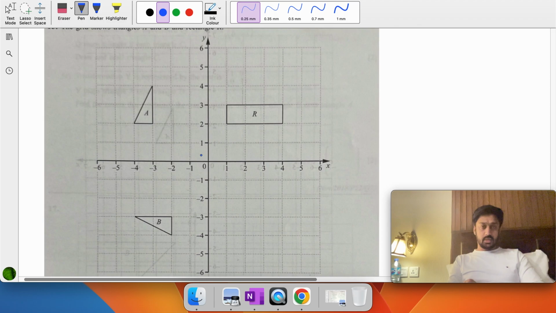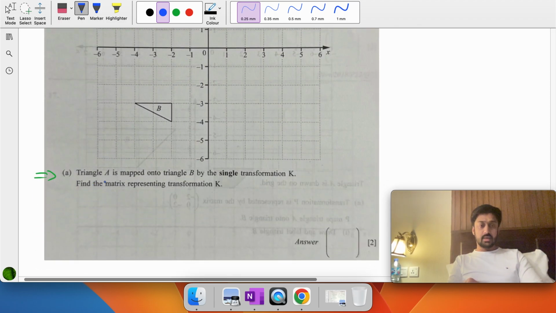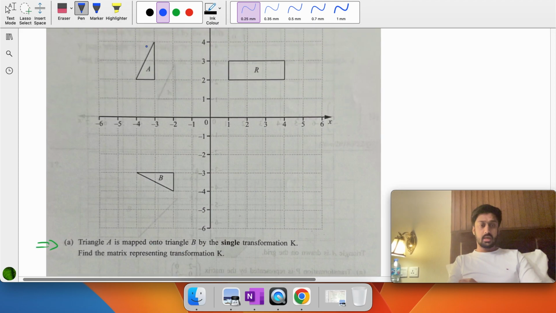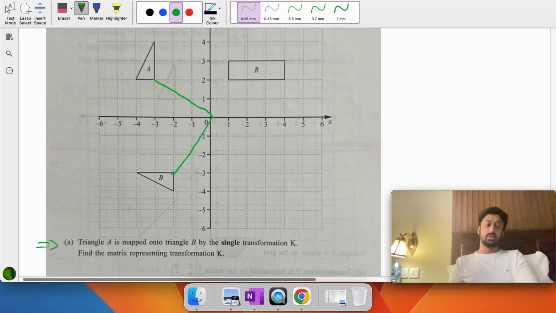Last question for today. It says the triangle A is mapped onto triangle B by a single transformation K. A is mapped onto B. Now be thoughtful and see that it is a 90-degree anti-clockwise rotation about the origin.